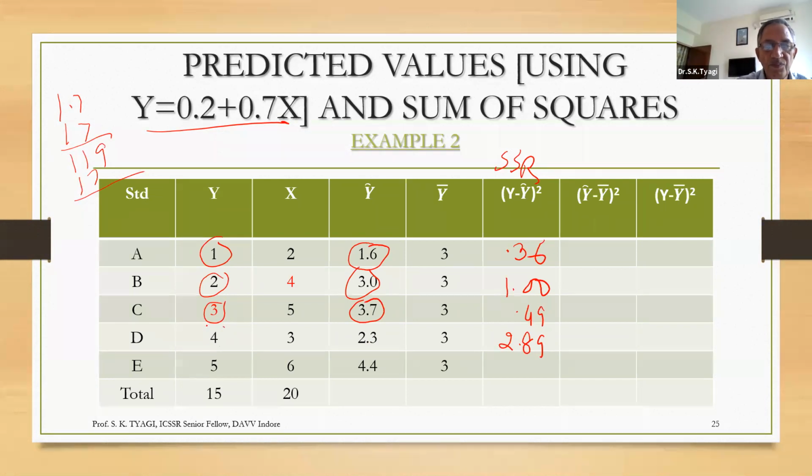And 5 and 4.4, 0.6, square 0.36. So adding these up, we get 5.10. So 5.10 is SS residual.